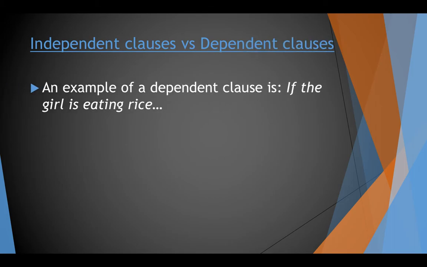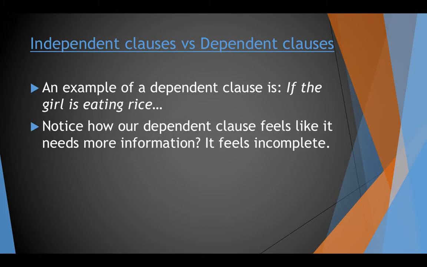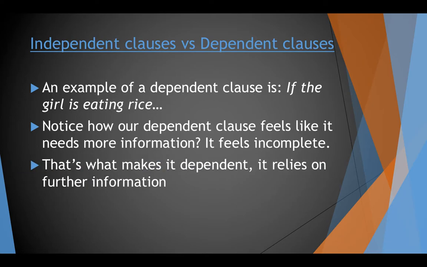An example of a dependent clause is if the girl is eating rice. Notice how our dependent clause feels like it needs more information. It feels incomplete when you say if the girl is eating rice. That's what makes it dependent. It relies on further information.